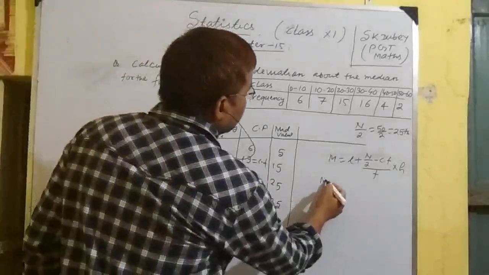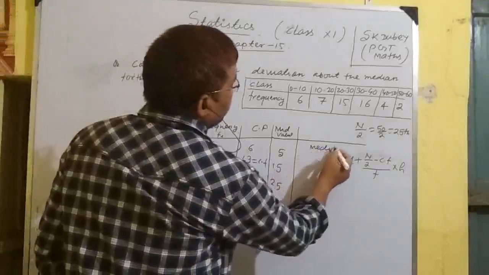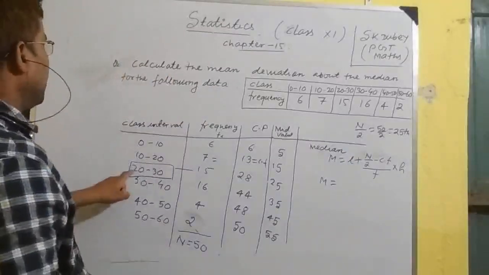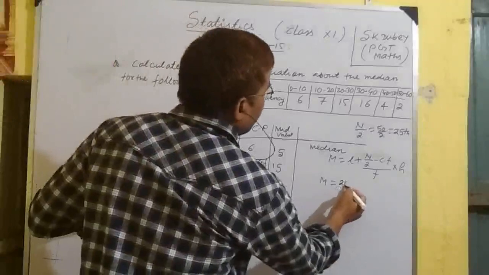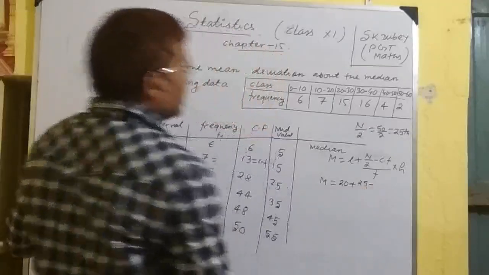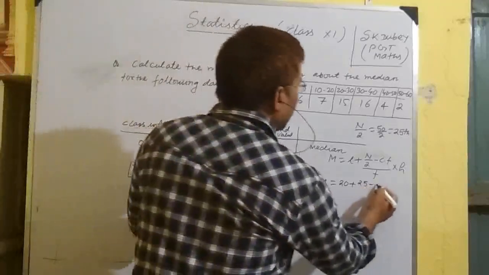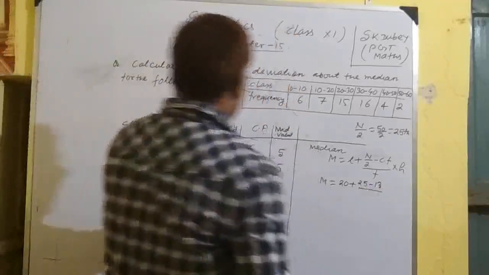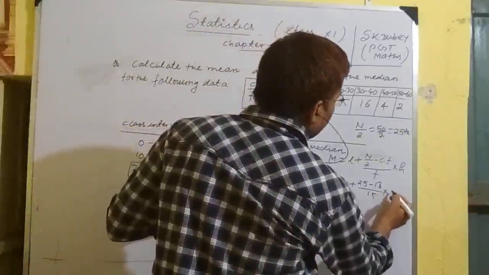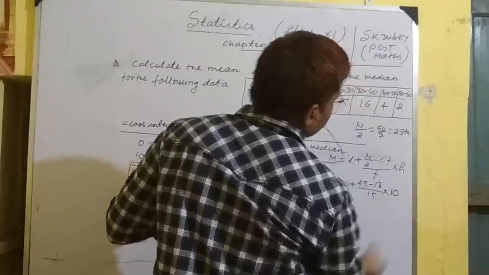Now the median is equal to the lower limit of the median class, which is 20, plus n by 2, that is 25, minus the cumulative frequency preceding the median class, that is 13, divided by the frequency of the median class, which is 15, into the width of the class, which is 10.